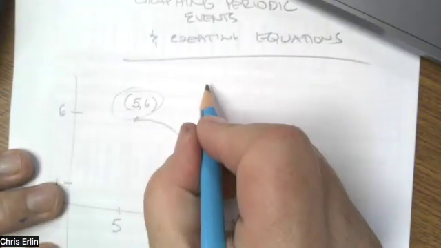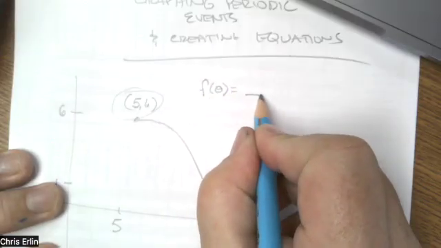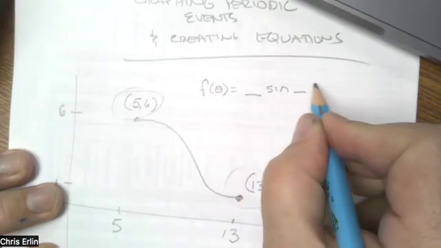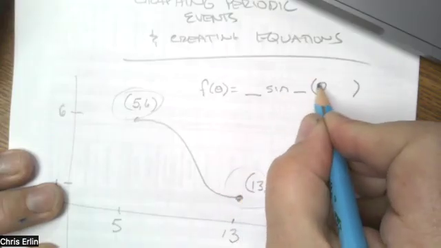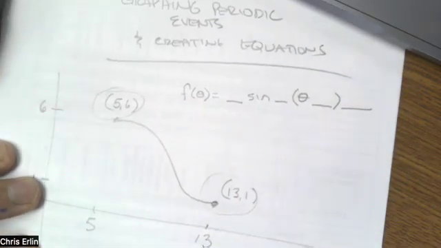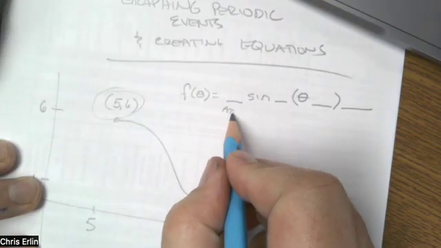What's the general form of a sine equation? There's something in front. There's sine. There's something out front of the parentheses, theta, and there's something there and there. Does that look right? What does this thing refer to? Amplitude.